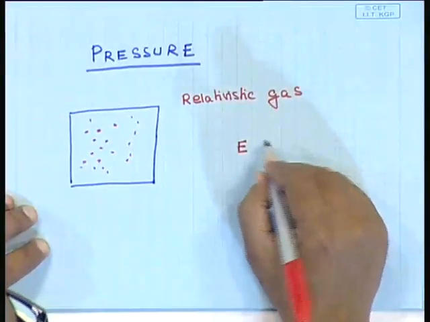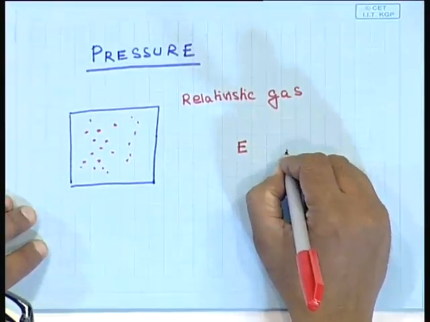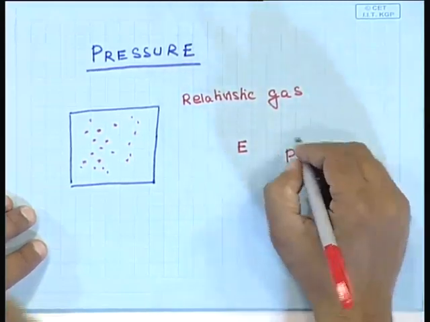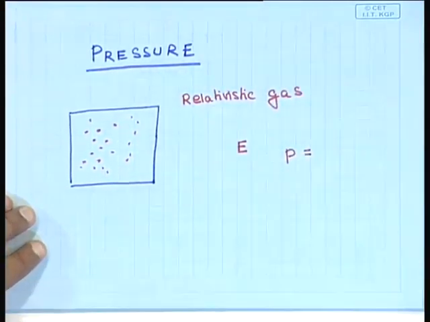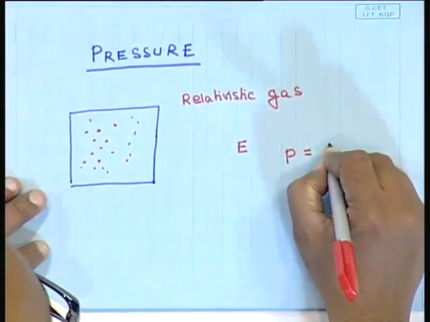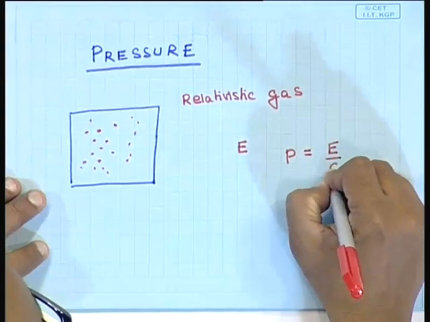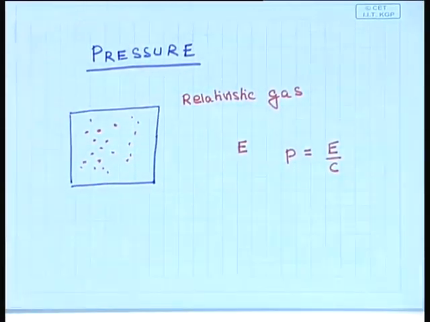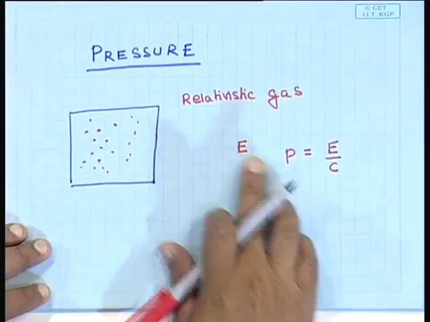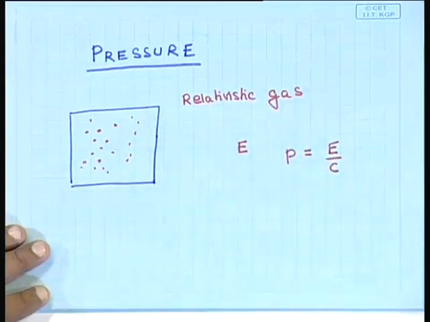We know that for a relativistic particle, the momentum, how much is the momentum of a relativistic particle? Does anyone know? It is E by c, right. So, it has energy E and momentum p, which is E by c.